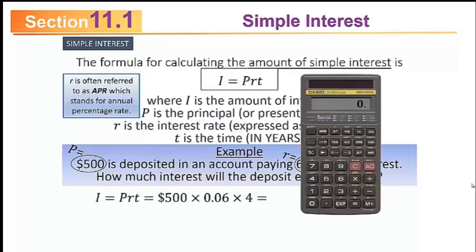And if you multiply those three numbers together, 500 times 0.06 times 4 equals, you get 120. So you'd make $120 in interest if you put $500 in at 6% interest for a period of 4 years, if the interest were simple interest.